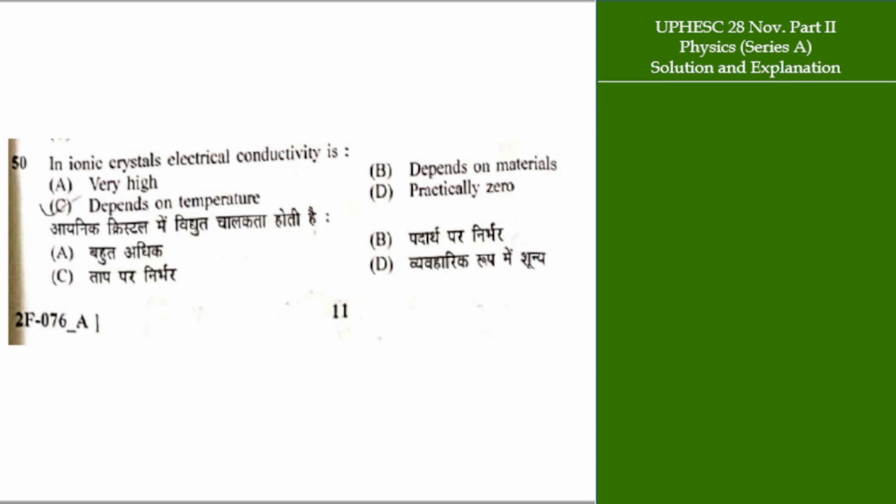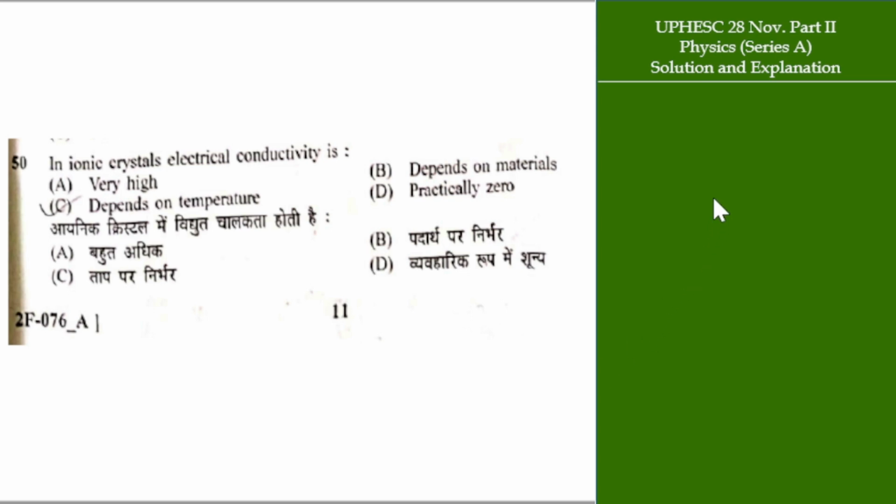In next question, question number 50, ionic crystals electric conductivity is very high, depends on material, depends on temperature, or practically zero. Now what is happening here? They have asked about the ionic crystals. And in ionic crystal, no free charge carriers are present.